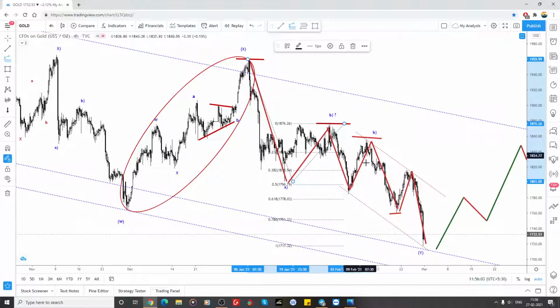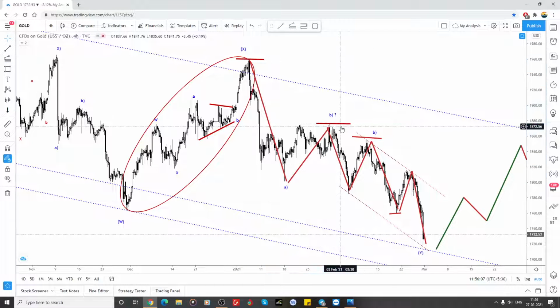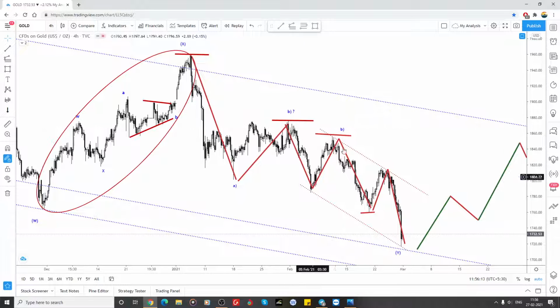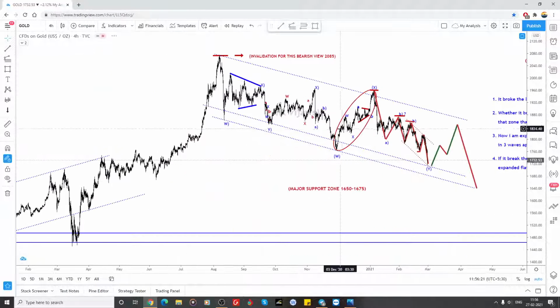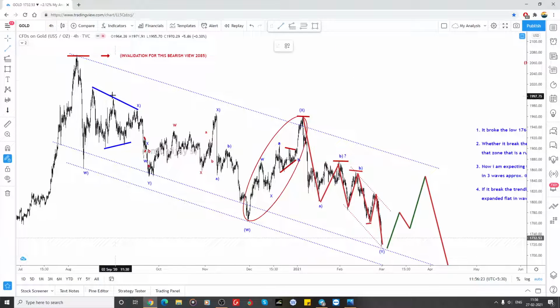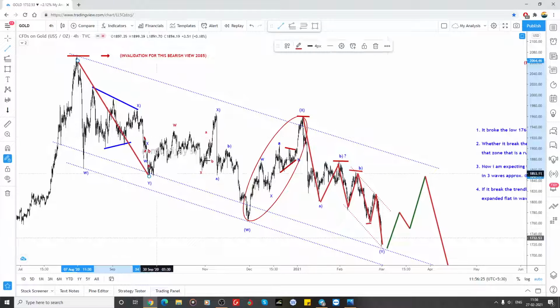This wavelength has already been reached. So what I'm looking at here is that this could be an ending diagonal pattern of 1 2 3 4 5, and I'm expecting again there is a three-wave structure to the upper side, because this wave has ended here.